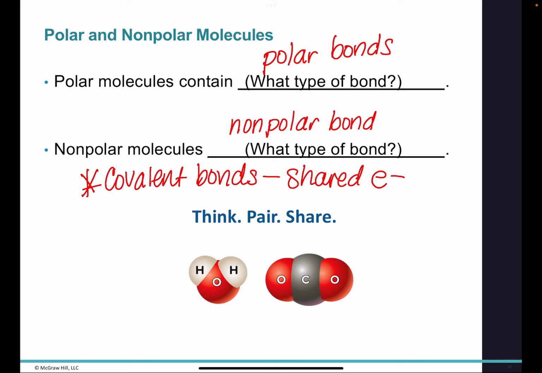So down here on the bottom, we have some examples. This is water. This is carbon dioxide. These bubbles sort of show the atoms themselves, and what we are looking at here is oxygen pulling those electrons more strongly towards itself. So this is going to be an example of a polar bond.